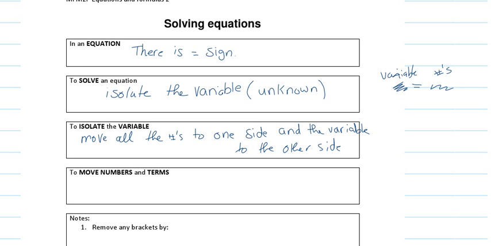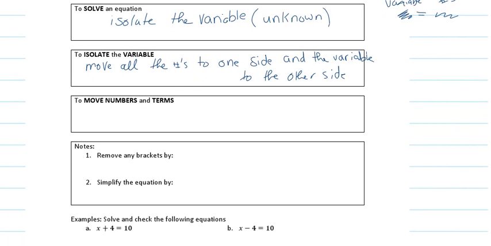Subtraction. And if the operation was multiplication and I move it, what does it become? Division. So basically, when I'm moving my terms, I am doing what we call the opposite operation. So to move numbers and terms, use the opposite operation.